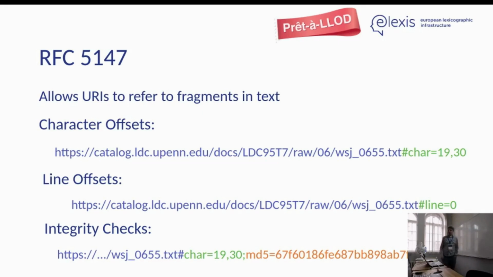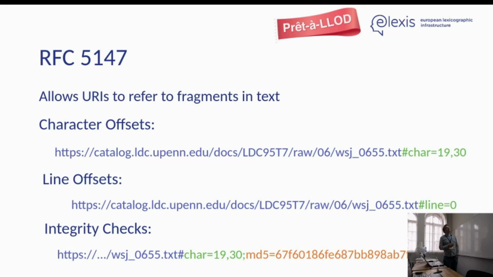One of these was this idea of referring to plain text documents by fragments in text. One simple idea is just to use character offsets. So here we could say this document, and then we could add in this fragment.